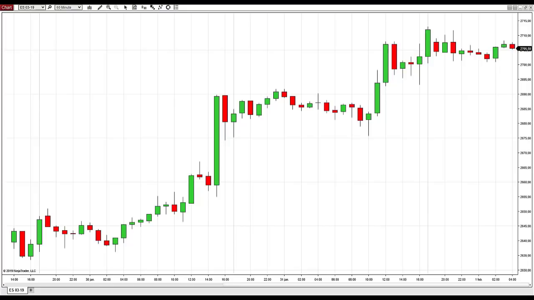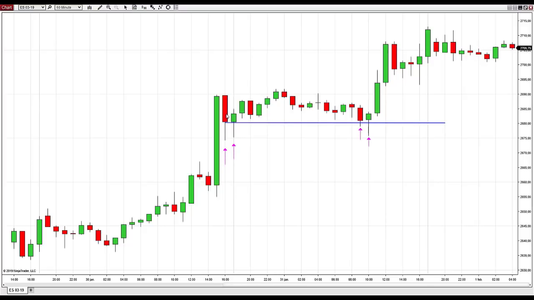You will very often have candlesticks that have their shadows penetrate the support line and close above, like you have here. This would be a support line. You have these candles here penetrating, but support still holds.